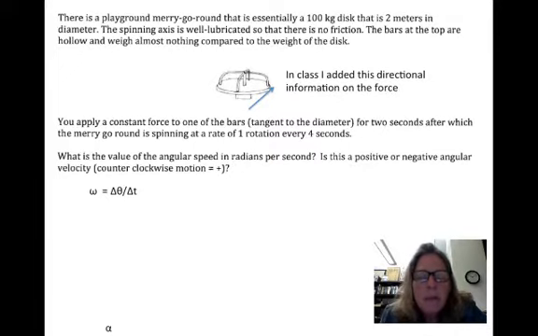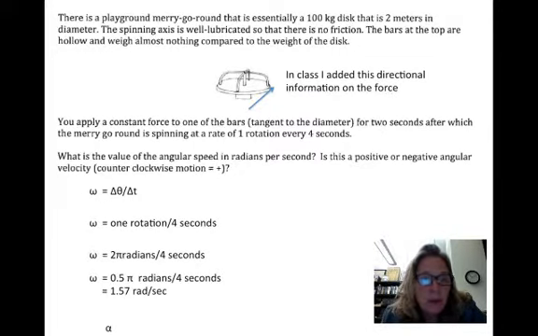We know it went 1 rotation in 4 seconds, so it went 1 full way around. That's 360 degrees, or 2 pi radians. So it's 2 pi radians in 4 seconds, and we calculate that out: it's 0.5 times pi, which is 1.57 radians per second.